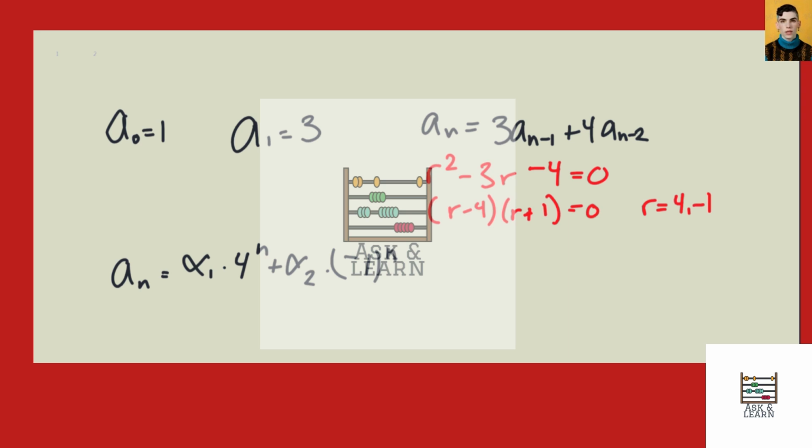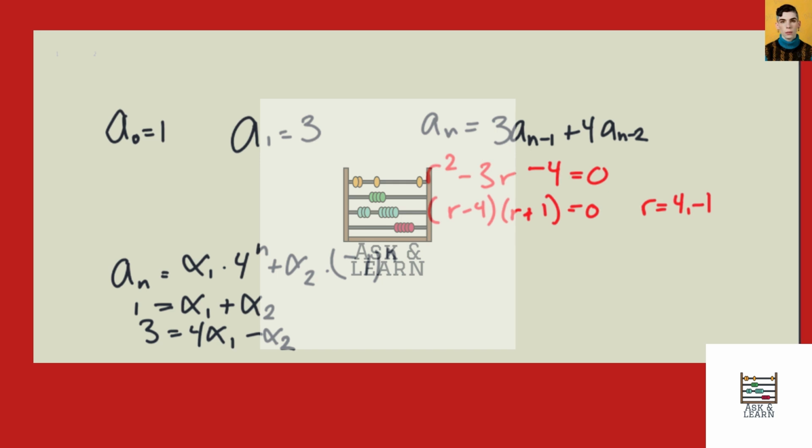And so we can use our initial conditions to solve here. So we know that 1 is going to be equal to alpha 1 plus alpha 2, and that 3 is equal to 4 times alpha 1 minus alpha 2.